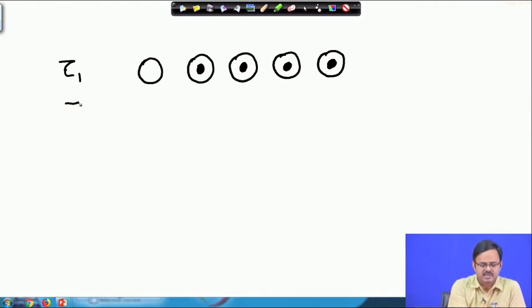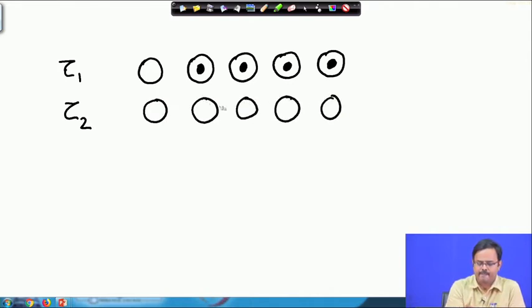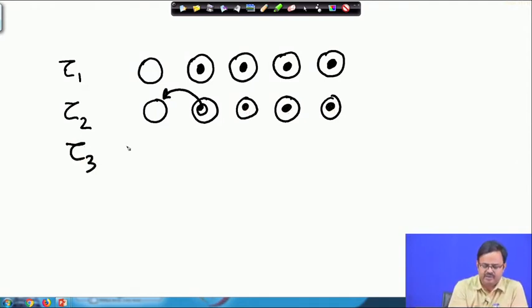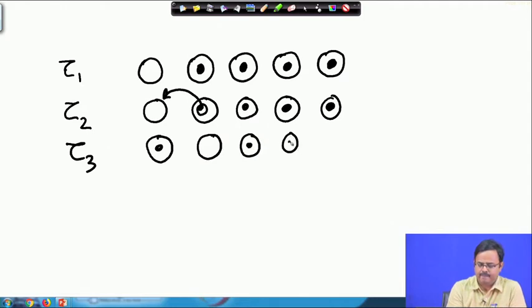At time 2, this one is going to jump over here, and these 3 are going to stay. At time 3, this is filled, this is empty, but then this tries to jump over here.